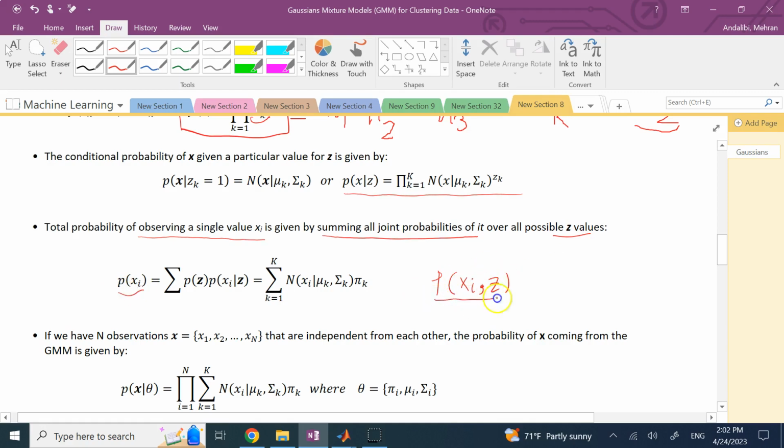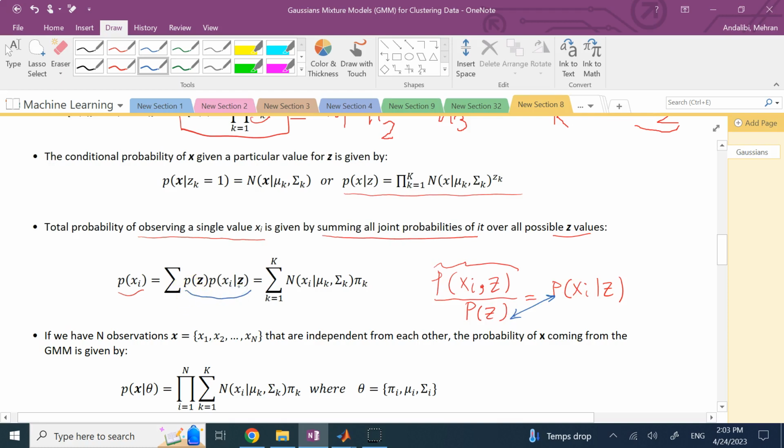But how do I find this? Well, I know if I divide this by what? By P of z, that is the definition of P of x i given z, correct? So from here, if I want this joint probability, all I need is to cross multiply these two terms together, and that's exactly what you have over here.